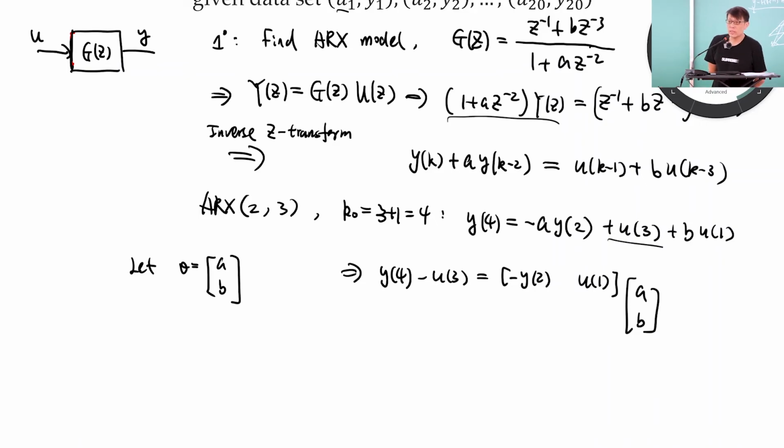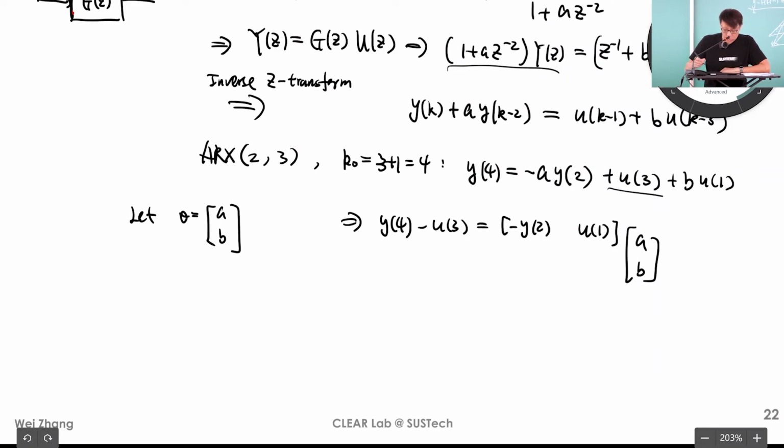Everything known should be moved to the left. The right-hand side only involves unknowns, and that should also be a linear function of the parameter theta. So plugging in the formula directly doesn't work in this case. You have to make some changes, okay?